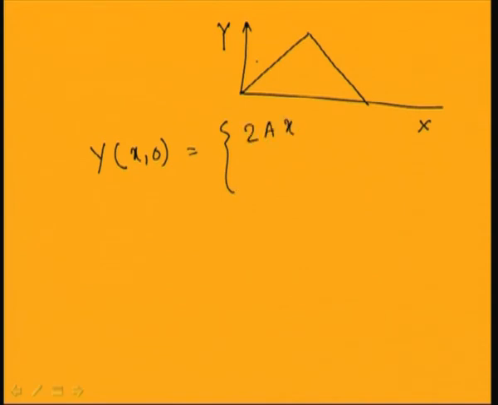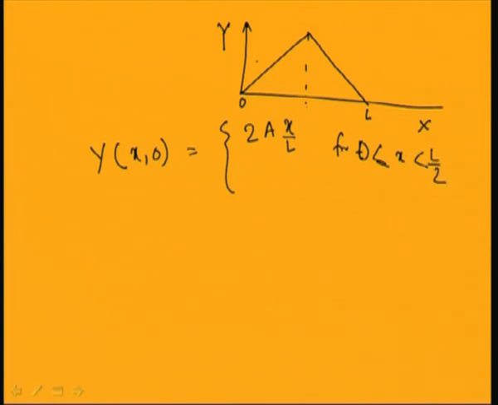So, let this position be 0, this is L. So, this is 2a x by L, let me put. So, this is for 0 less than or equal to x less than or equal to L by 2.